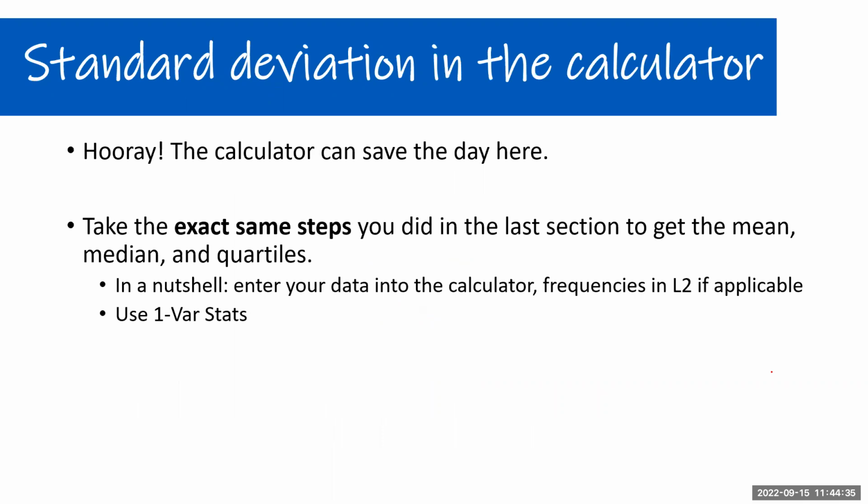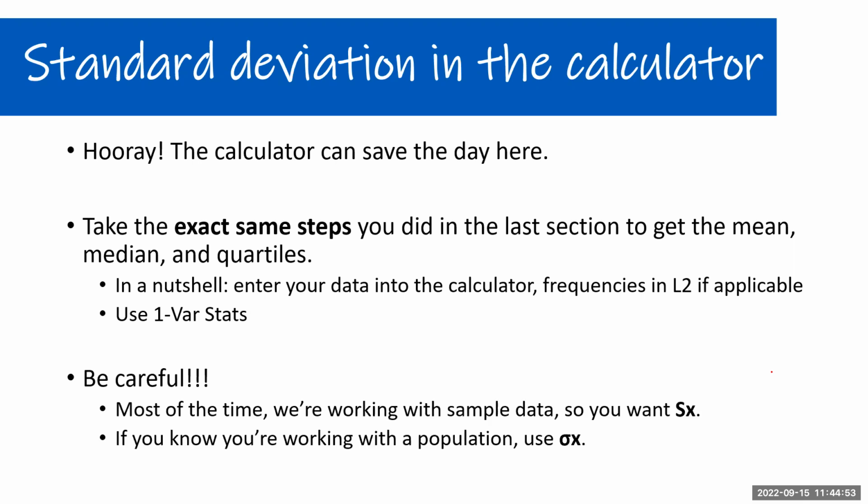You are going to take the exact same steps that you did in our last section to get your mean, median, and quartiles, okay? You're going to enter the data into the calculator. If it's a frequency distribution, you're going to put those in L2, and you're going to use one variable stats. Something very important here is that since the formula differs, if you have a sample, you want to use Sx.